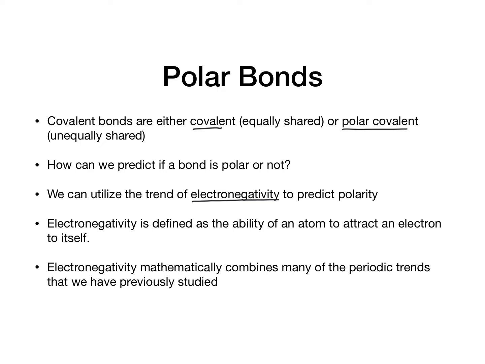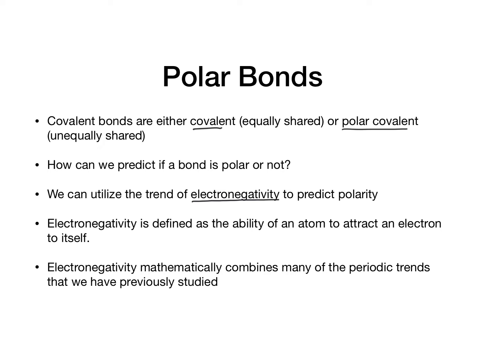Electronegativity is defined as the ability of an atom to attract an electron to itself. It's going to start hoarding the electrons. So electronegativity says it's going to try to absorb all the electrons. Because it's part of a bond, it can't steal them like it can in an ionic bond.